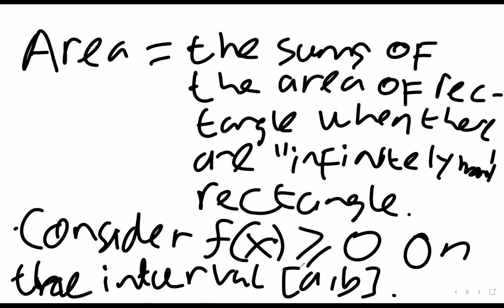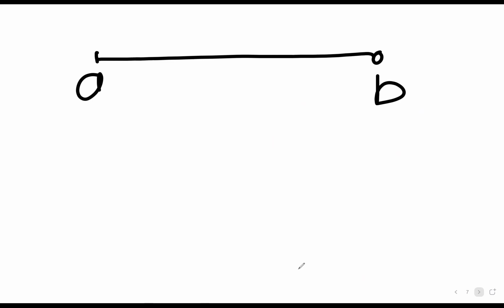The function is not only x squared, but any non-negative function. Then on the interval [a, b], we consider a partition of [a, b]. The partition means we divide [a, b] into smaller intervals. Let's say we divide it into n subintervals.